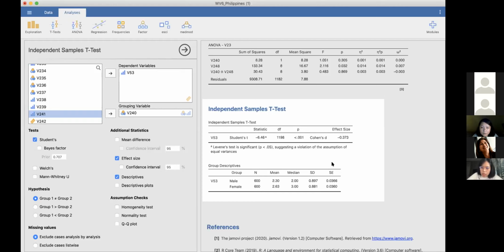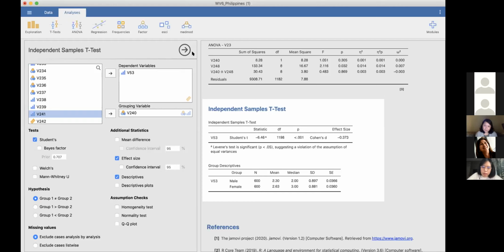Okay. Now, obviously, when you report something like this, you can't just stop at saying, okay, there's a significant difference between males and females, right? Syempre, if you say that, the reader will ask you, so, ano? Di ba? Ano yung difference, right?